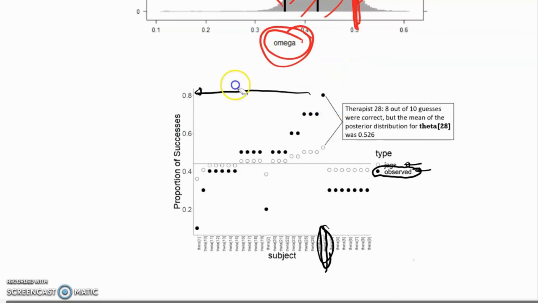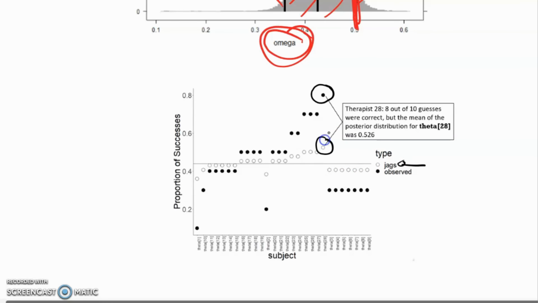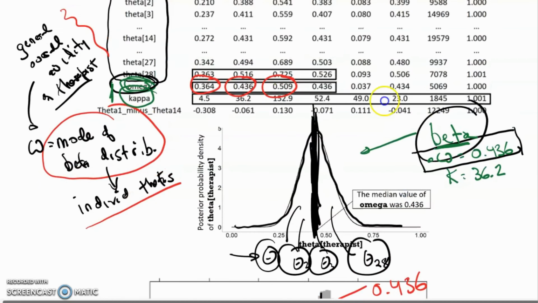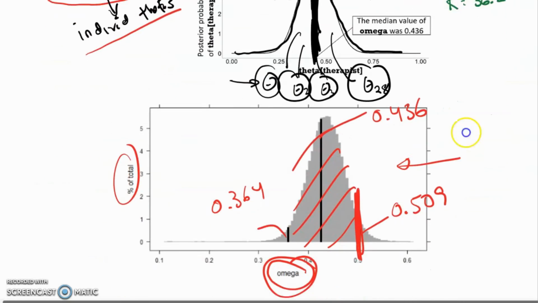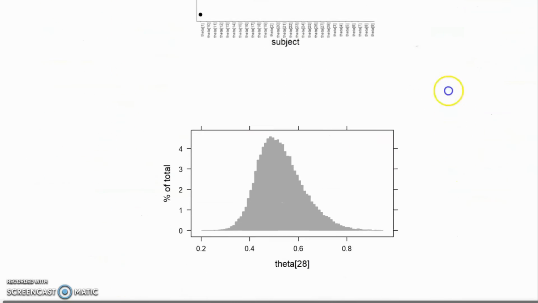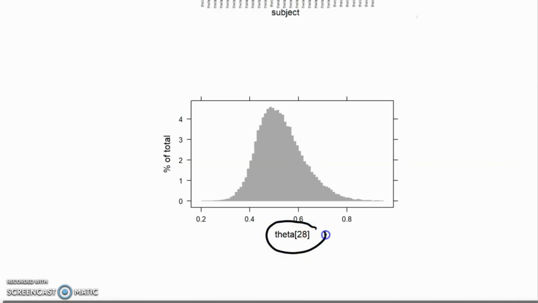But the whole idea is this is a hierarchical model, so as a consequence, shrinkage has occurred. Although the raw data suggested 80% as the score, once those values have been shrunken via JAGS, then the therapist didn't look so good. We can go back up here and think about therapist 28, and go to our plots produced by JAGS and look at the posterior distribution.